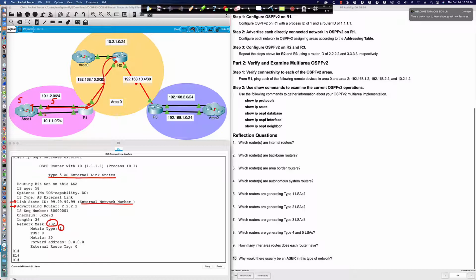It wouldn't be 84. It's going to be more than that because you have to take into account the cost of the links and the segments it's got to pass through to get from router 5 and router 9 up to router 2. So we get a cumulative cost with an OE1. More importantly, in that type 5 LSA, this is what they're going to see for the advertising router.